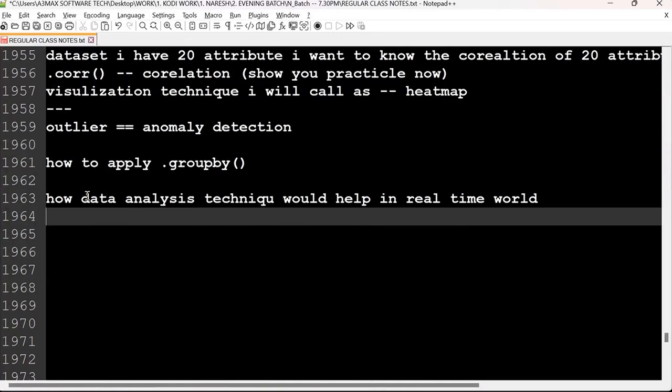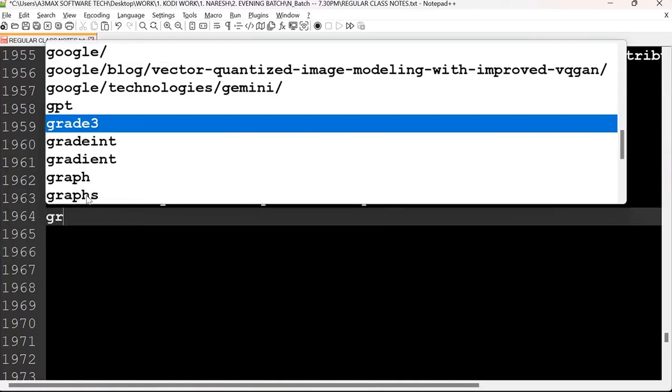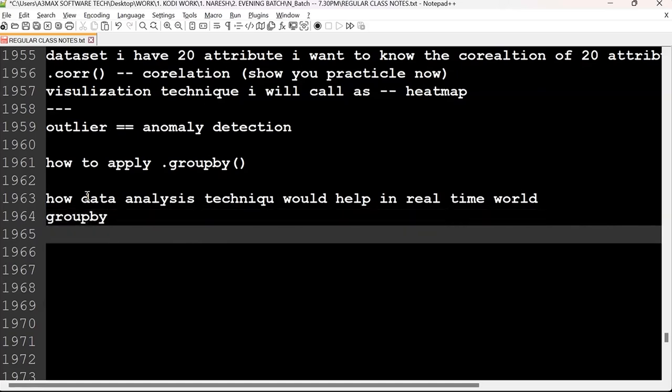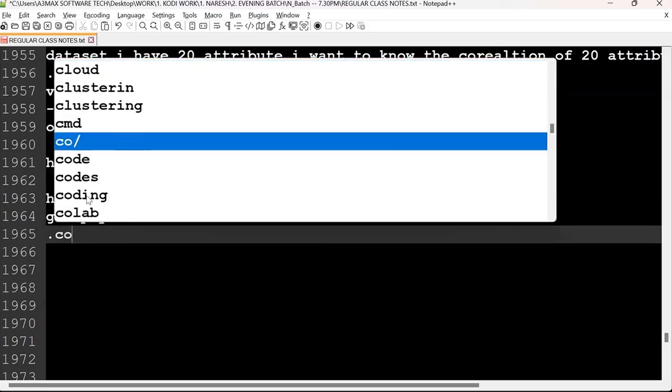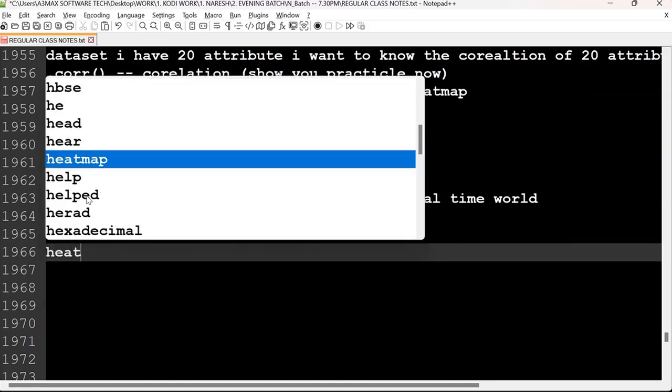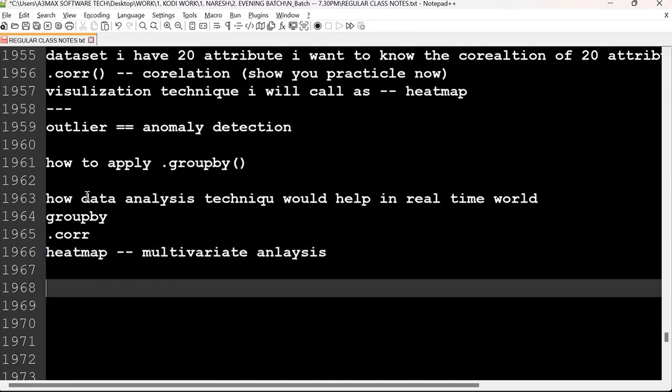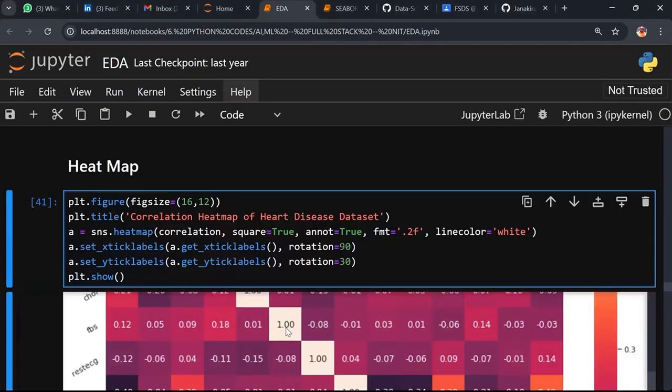Understand now? And AI is being implemented. We learned group by, every column, dot corr, and we learned the heat map, which we use for multivariate analysis.